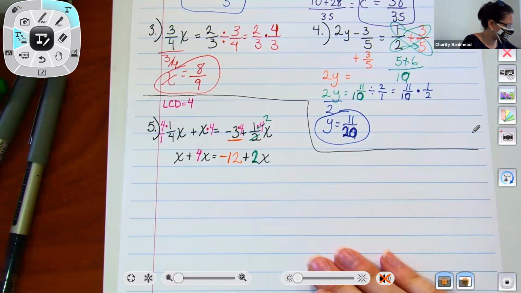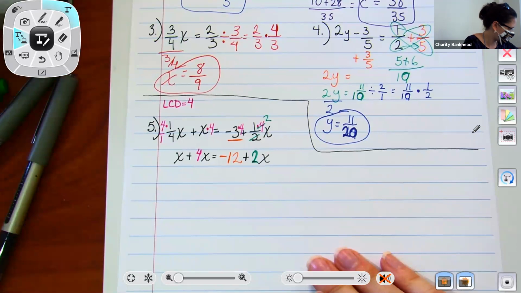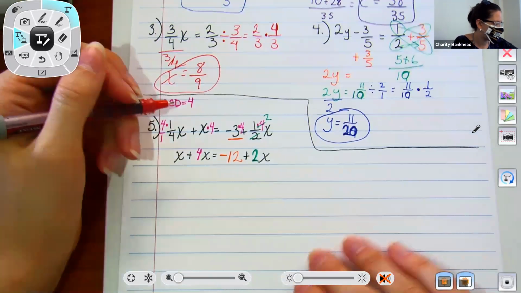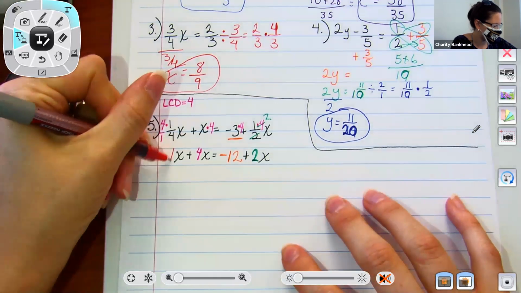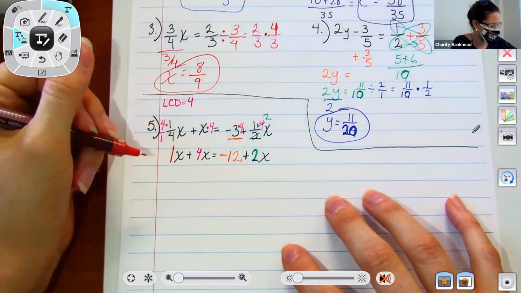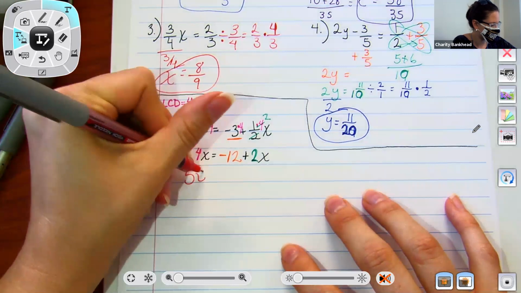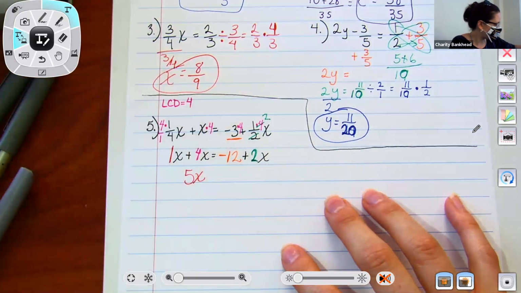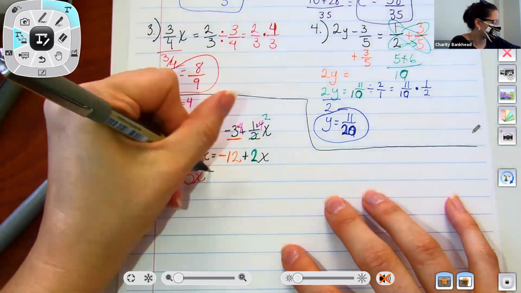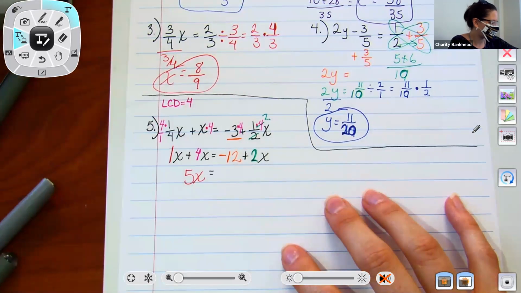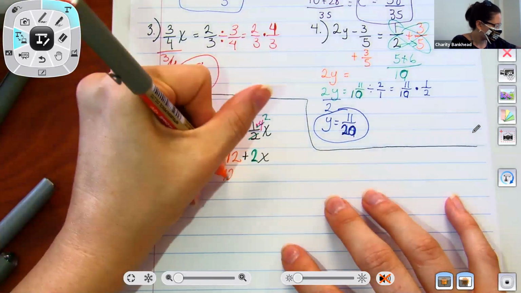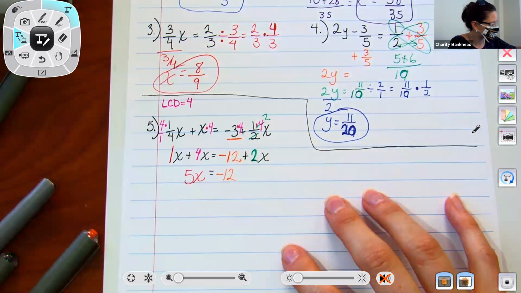All right, and now all the fractions are gone, so we just solve it like a normal equation. So x is the same thing as 1x. So 1x plus 4x equals 5x. And then I'll just bring the rest of that down. So I have 5x equals -12 plus 2x.